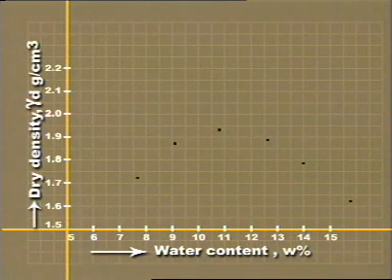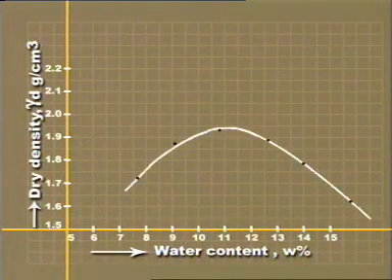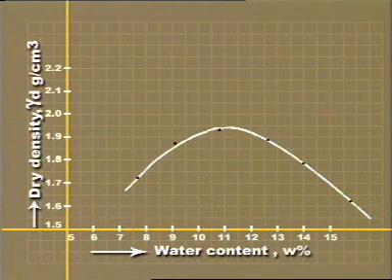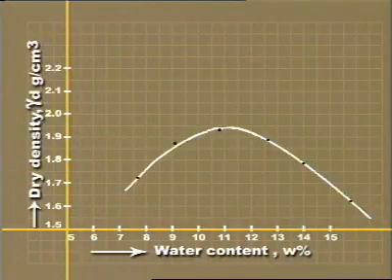Draw a graph plotting water content on the horizontal axis and dry density on the vertical axis. Join all the plotted points smoothly. This gives the relationship between water content and dry density for the tested soil.